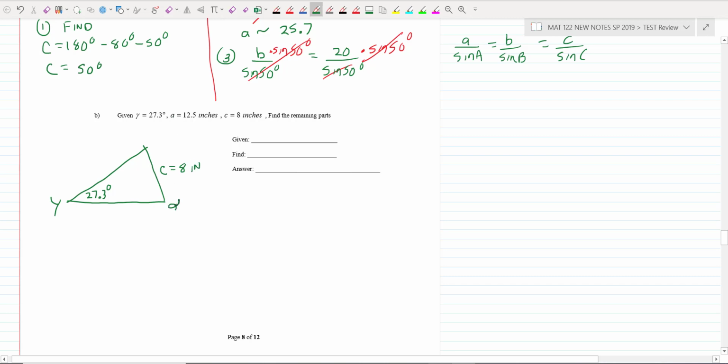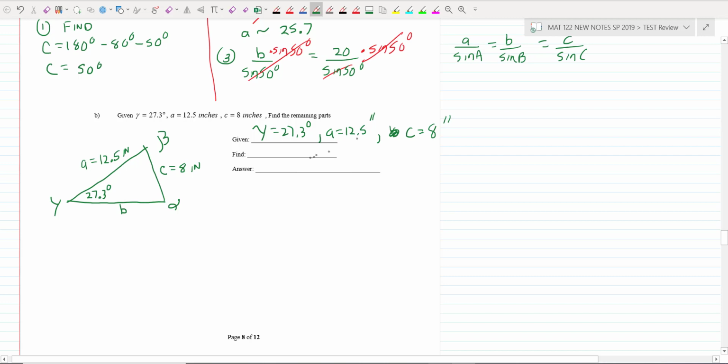I'm going to call this angle alpha, which we don't know, but we do know the side opposite is 12.5 inches. And then that would leave this with being beta and B. So what we're given in this problem is angle gamma is 27.3 degrees. We're given side A is 12.5 inches. And we're given side C is 8 inches also.